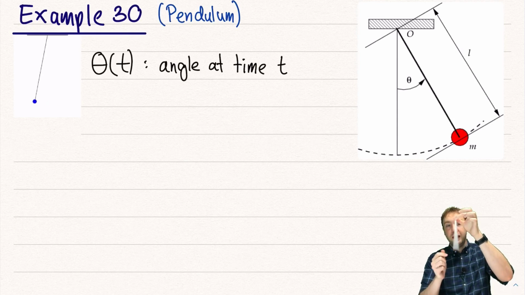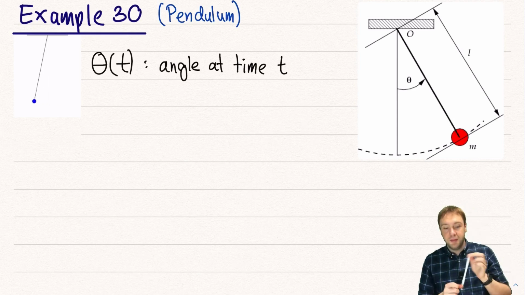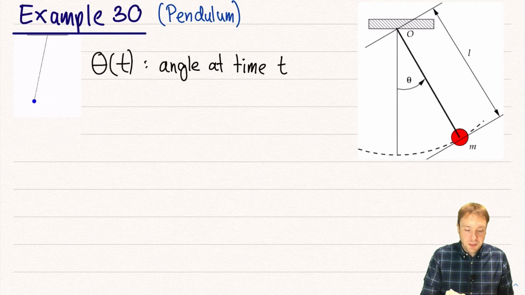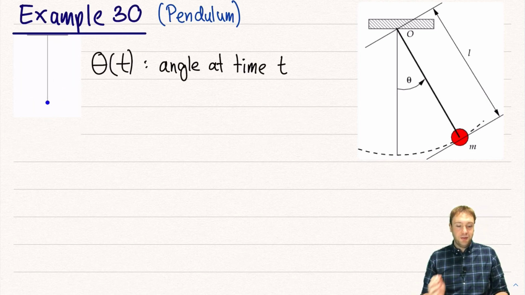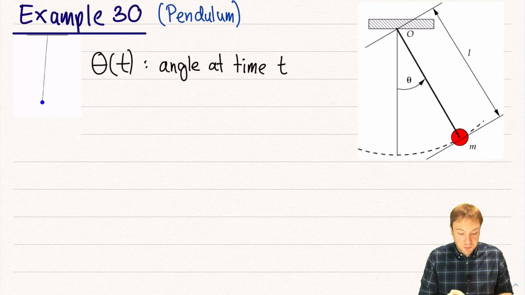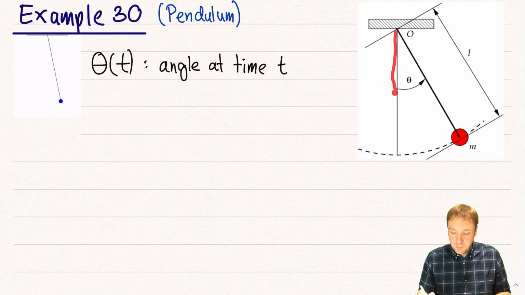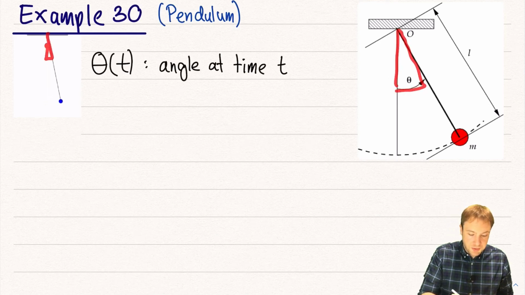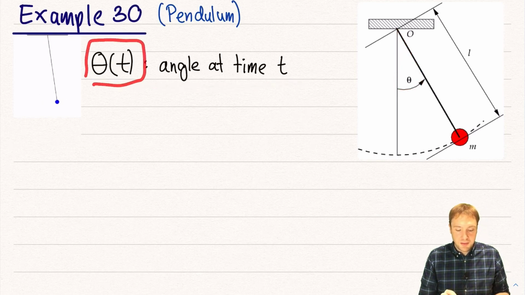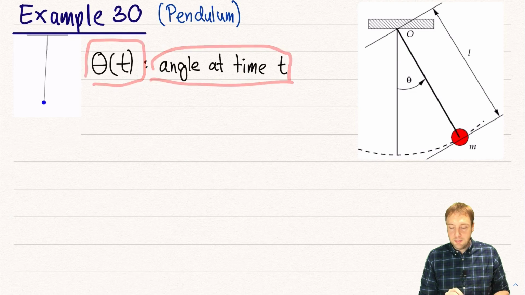You see that in real life, if I do this, it will stop after some time because of friction. But we first assume that there's no friction, and then similar to this animation, it will swing infinitely. More precisely, we want to give a function which describes the angle, which is here in this picture, depending on the time. So we denote this by theta of t, which gives the angle at time t.